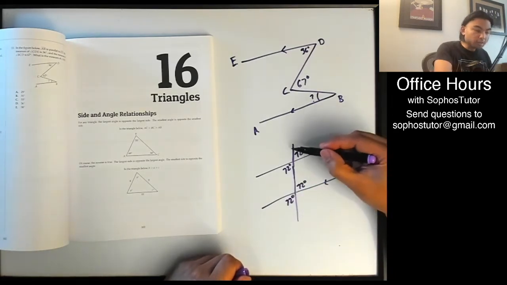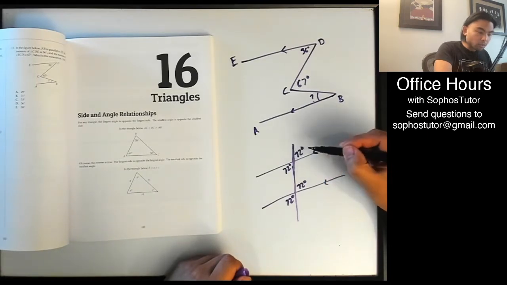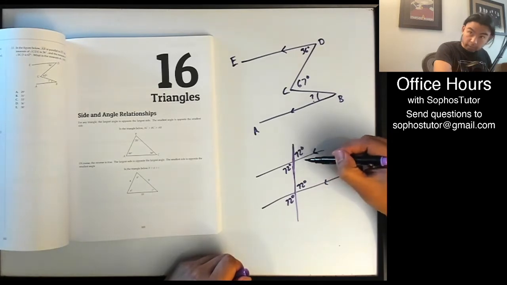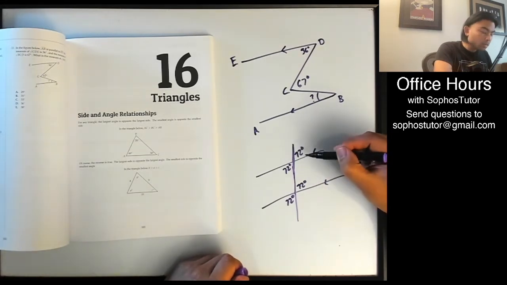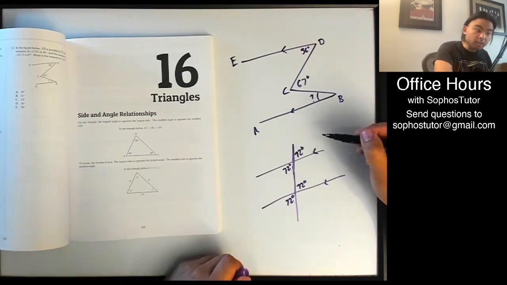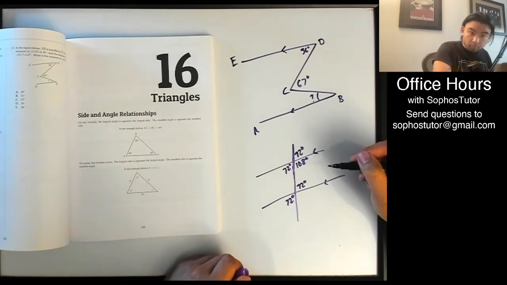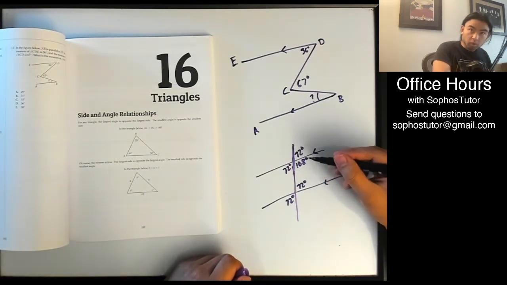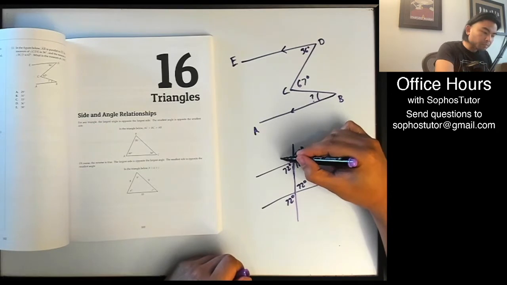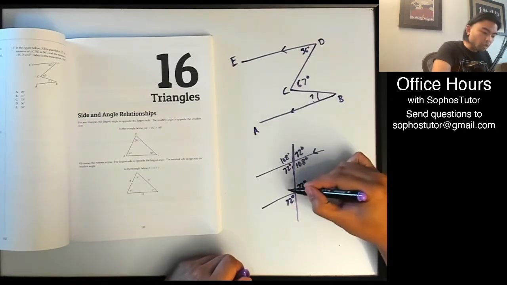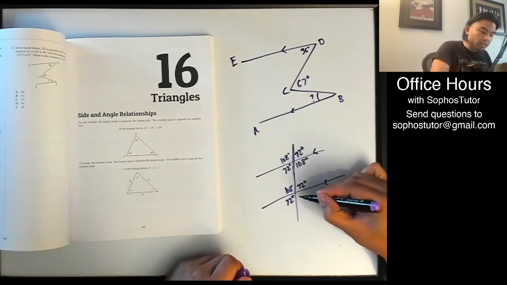Now, adjacent angles, which we call linear pairs because the two adjacent angles create a straight line, are going to be supplementary, which means their angle measurements add to 180 degrees. This angle should be 108 degrees. 108 plus 72 is 180. And then, of course, using the vertical angle rule, we'll know that all the other angles are 108 degrees.